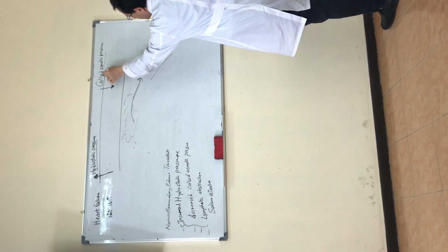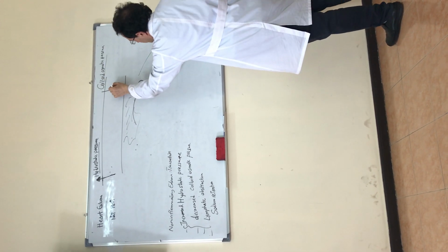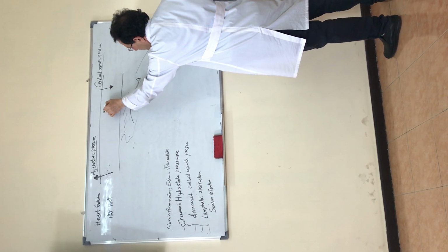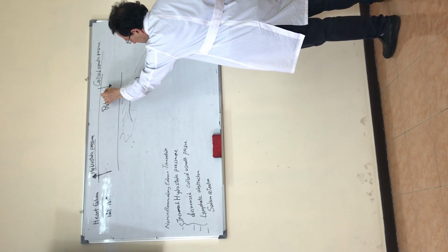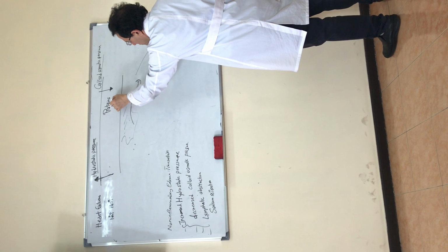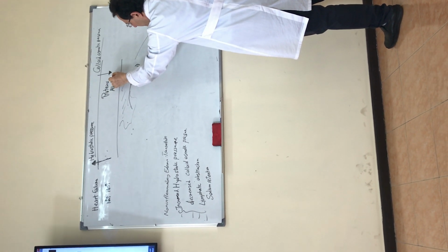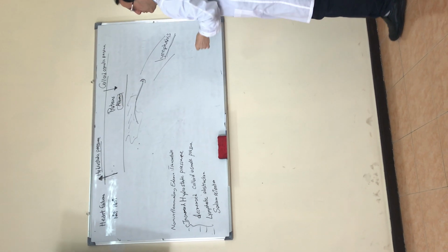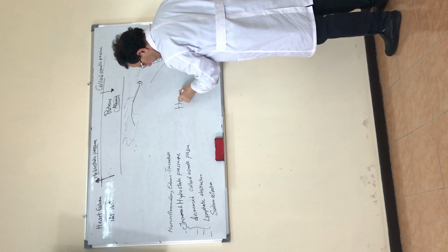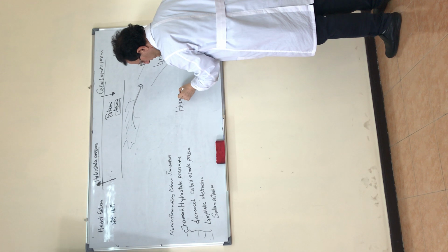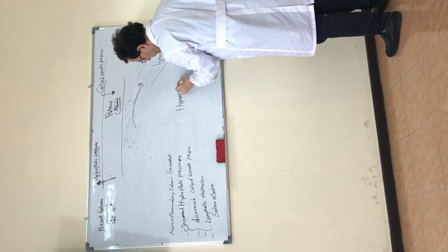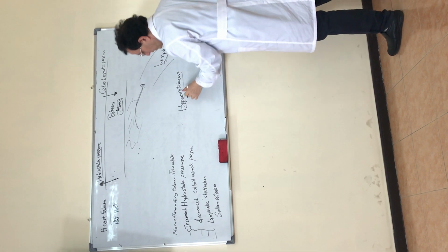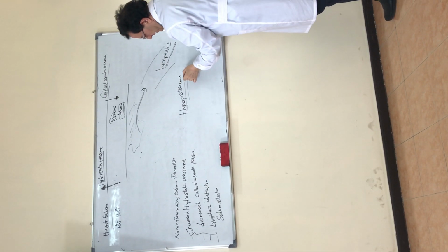Or for colloid osmotic pressure, this pressure is developed by proteins in serum, the most important being albumin. So if there is low albumin in blood, which is called hypoalbuminemia, or generally hypoproteinemia, the patient has low protein level in serum.